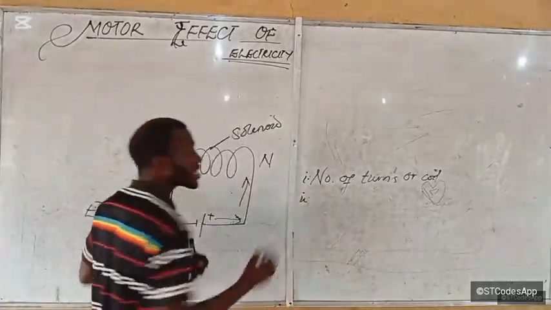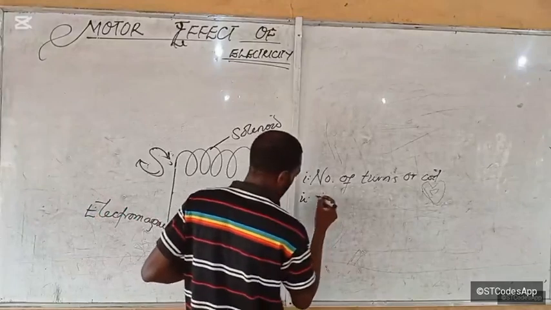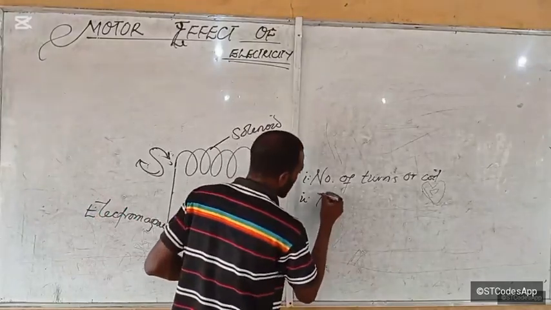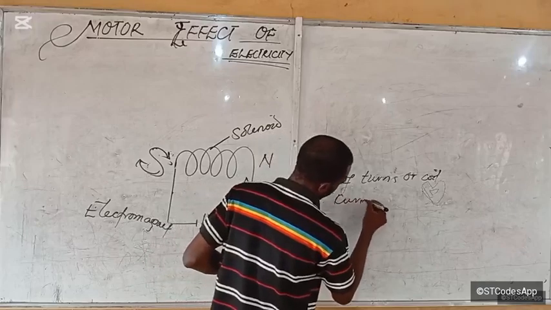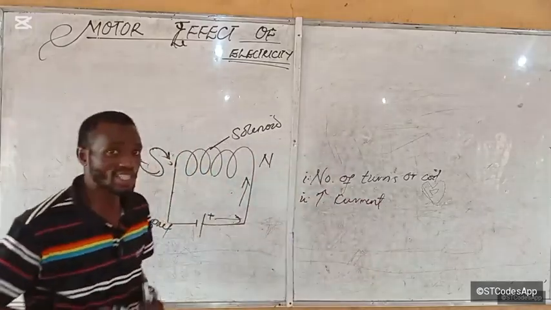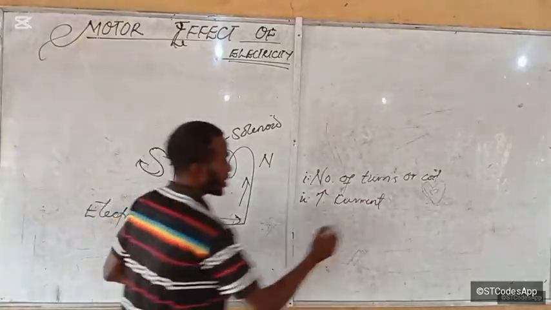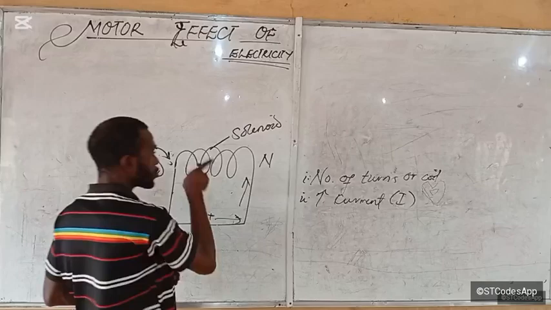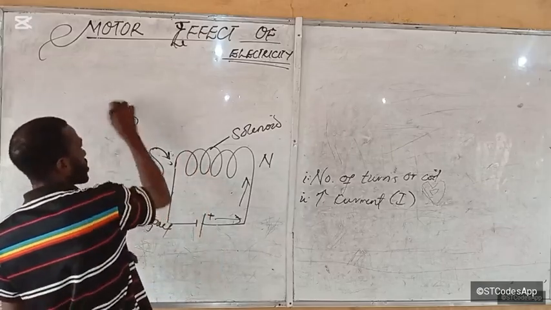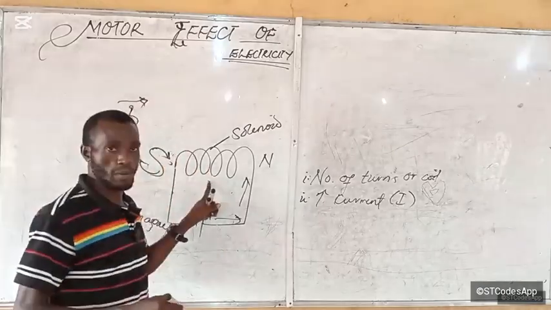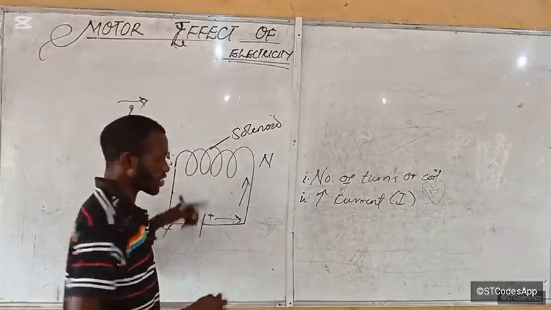Number two, if you also increase the strength of the current, the rate of flow of charge, that is, increase the magnitude of the current, what is going to happen? Increase current I, you are going to increase the magnetic field strength of the magnet. Is that okay?